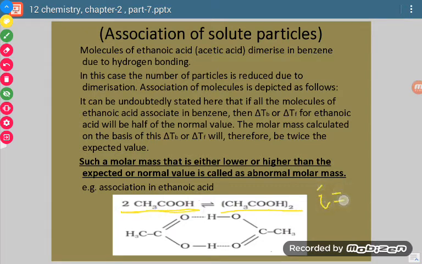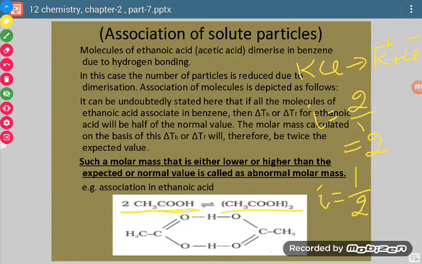So the i value in this case will be 1 by 2. Okay. Similarly, for dissociation, KCl gives K positive plus Cl negative. So i in that case will be 2 divided by 1, meaning 2. So from here, what result can we draw?